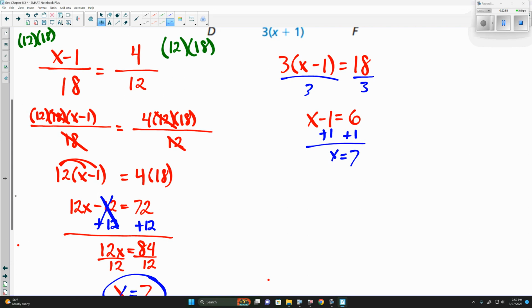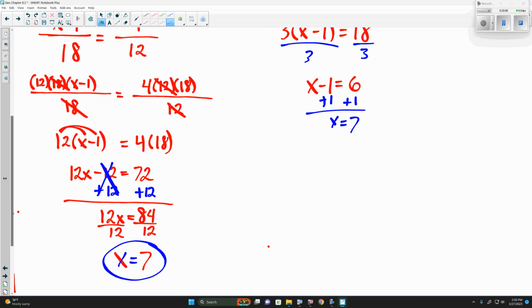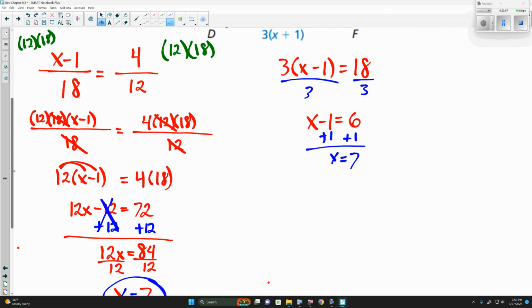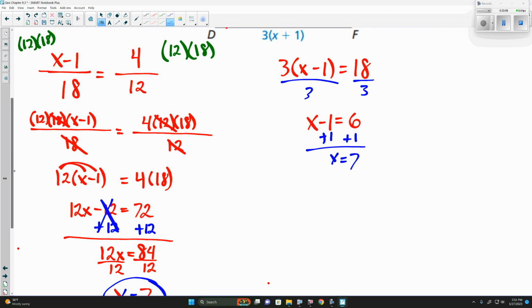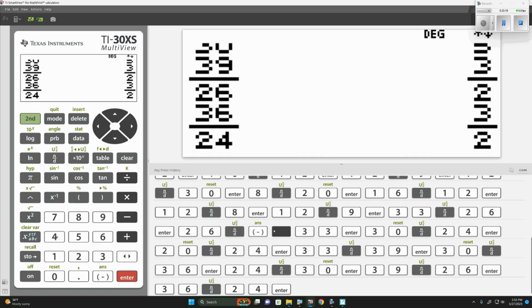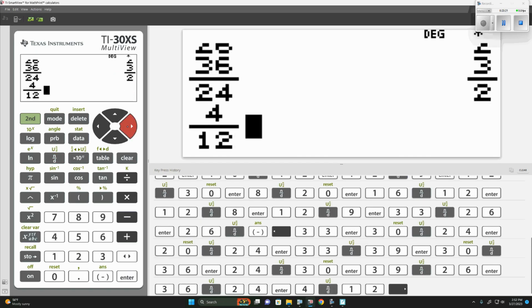That's how I would have to do it better. I'm sorry if I confused anybody. That just makes it a lot easier. Not necessarily, no. Because 4 12ths times 18 is 6.